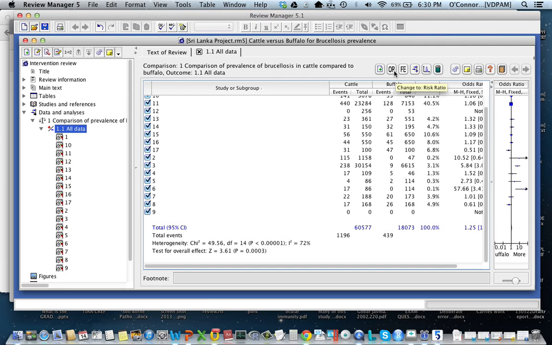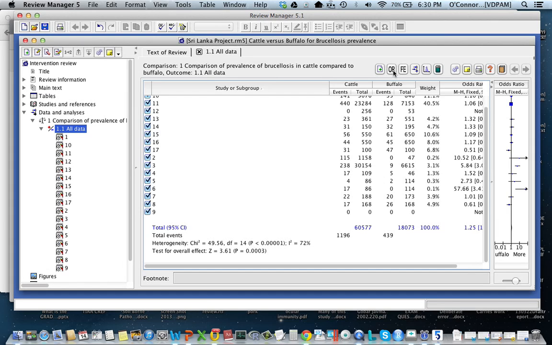So I'm using this second button on the left and I'm going to change it to the risk ratio, because as you will be aware, the assessment of interaction is only valid for the effect measure. So if you say something has interaction on the odds ratio scale, that does not mean it has interaction on the risk ratio scale. And the same applies in meta-analysis.